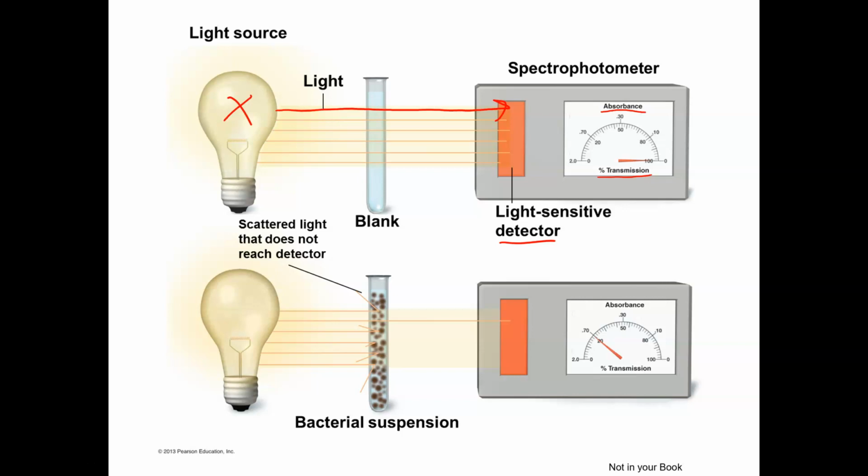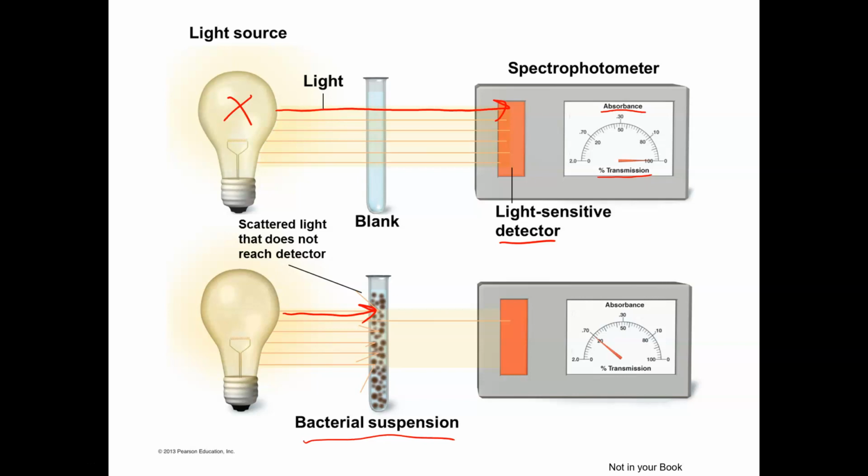So let's say we have a bacterial broth culture, and we want to know how cloudy is it? How grown up is it? So you take that bacterial sample, you put it into this spectrophotometer. The light shines at it, but as you can see, not all of the light gets through. Some of it's absorbed by the bacteria.